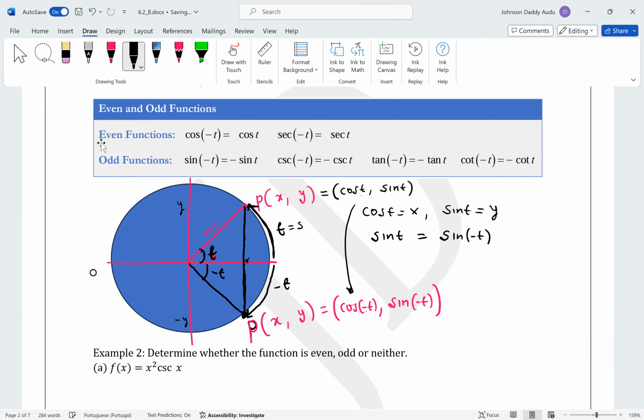No, they are not the same, because the one in the fourth quadrant is the negative of the y value in the first quadrant. So we need to have a negative somewhere before these two can be the same. This is simply what we're talking about here.